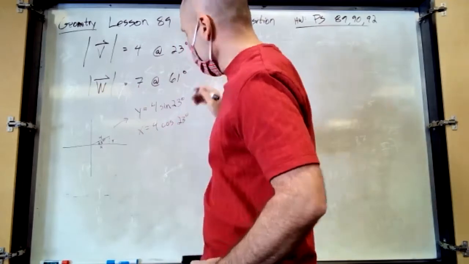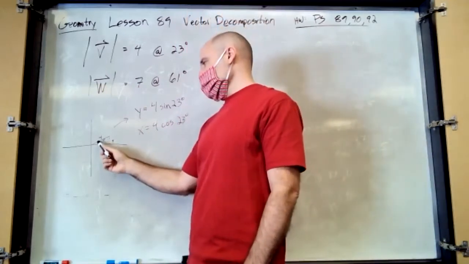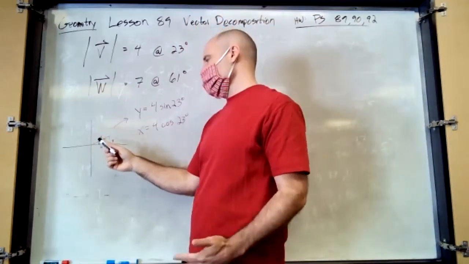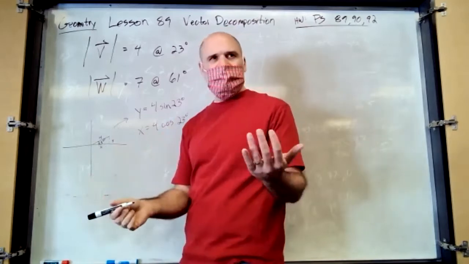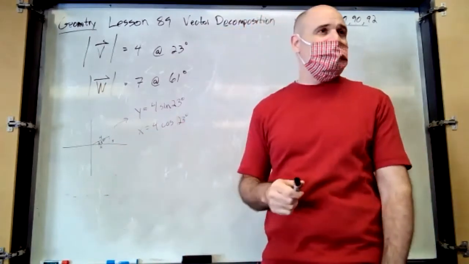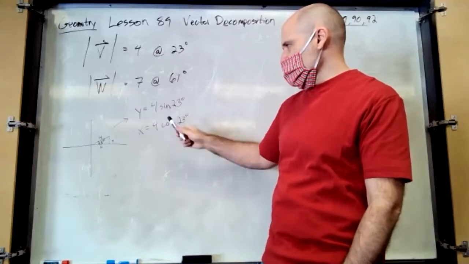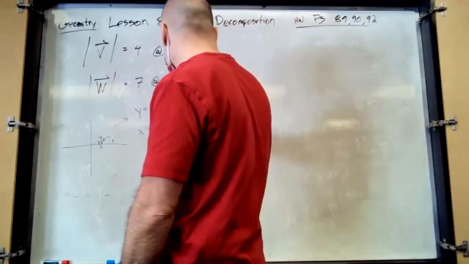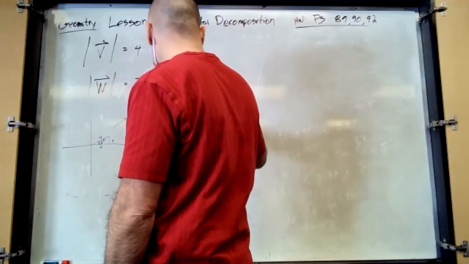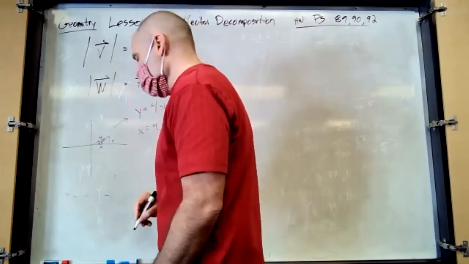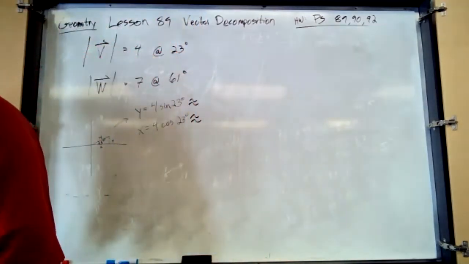If you want to work it out, say sine of 23 is y over 4, and then solve for y by multiplying by 4. Either way, you'll end up right there. So if someone wants to do that math for me, that'd be great. Sine of 23 times 4, and then cosine of 23 times 4.